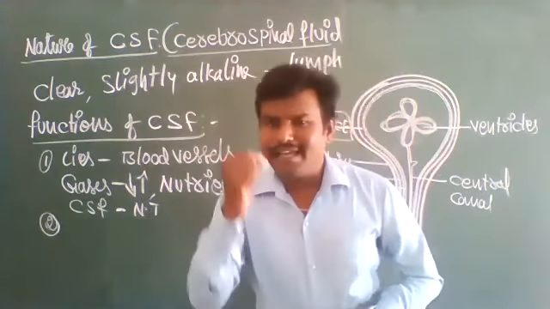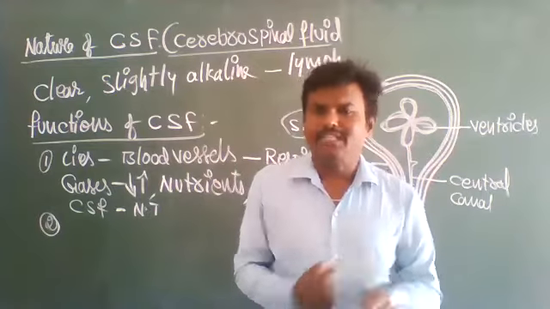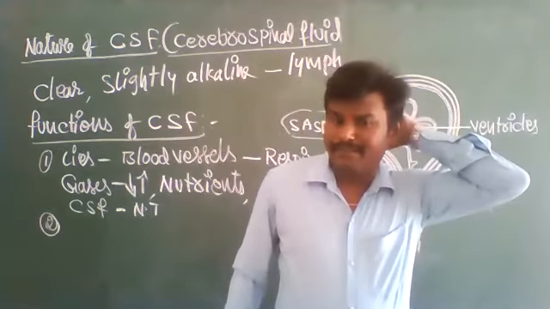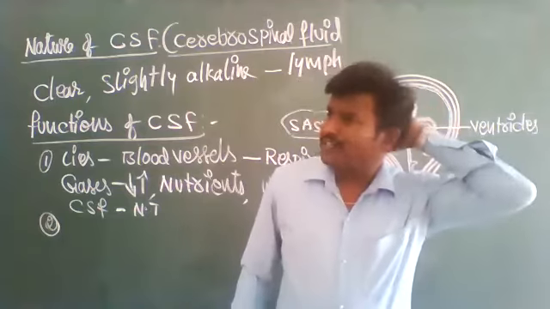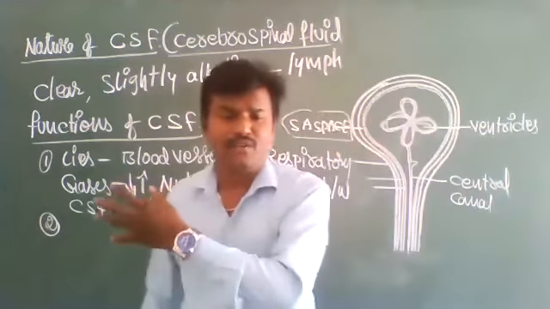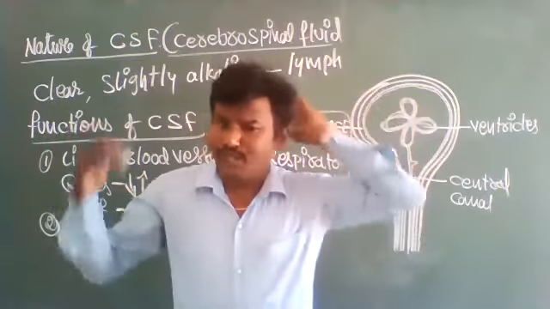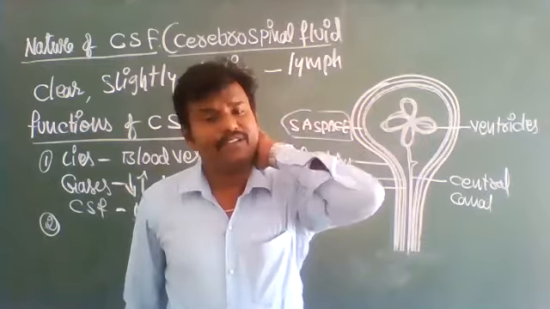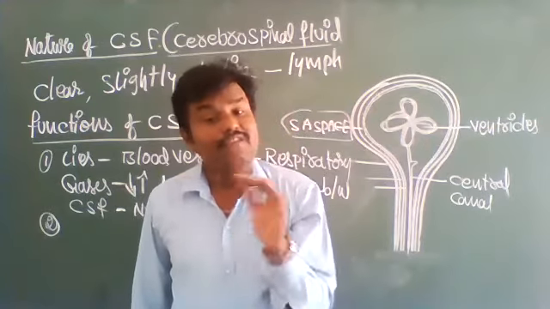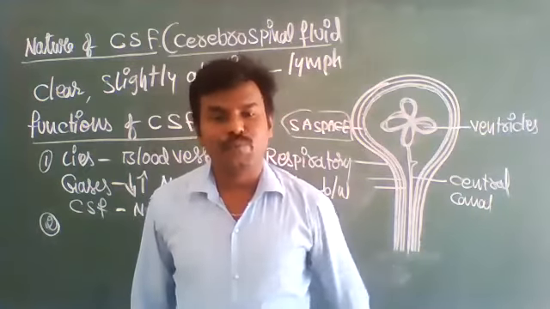For little, small accidents, nothing happens to our brain. Suddenly, some small injuries happen to our head, while we are going inside or outside of the home. For small injuries, nothing will happen to the brain due to the presence of cerebrospinal fluid.